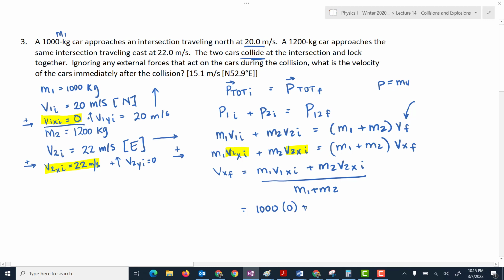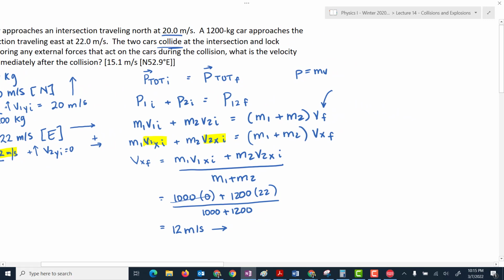Plus m2, which is 1,200, and v2 x initial is 22, over m1 plus m2. I'm going to type this onto my calculator. The first term just becomes 0. Now I have 1200 times 22 over 1000 plus 1200, and I get 12. So this is 12 meters per second. It's the x component, and it's positive, so that means it's going to the right.